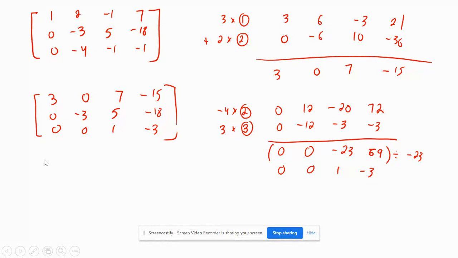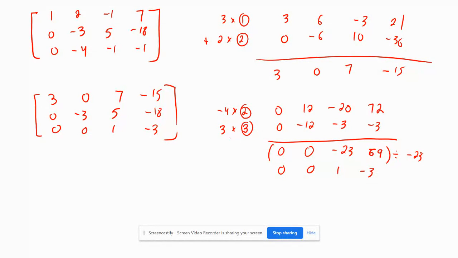Okay, then we want equation 3 times 1. So 3 times equation 1, 3, 6, negative 3, 21, plus 2 times equation 2, 0, negative 6, 10, negative 36. Add these guys together. 3, 0, 7, negative 15. That looks correct. Negative 4 times equation 2, 0, 12, negative 20, positive 72.